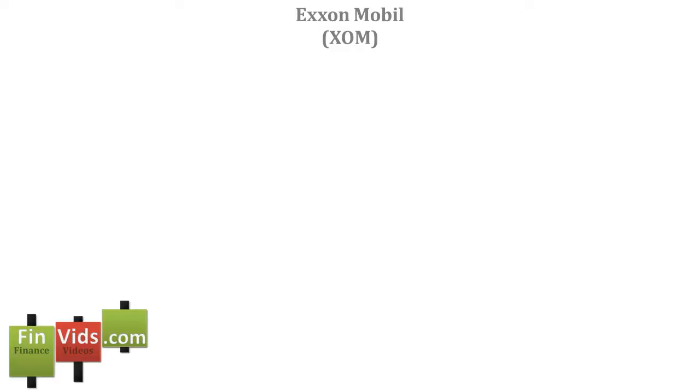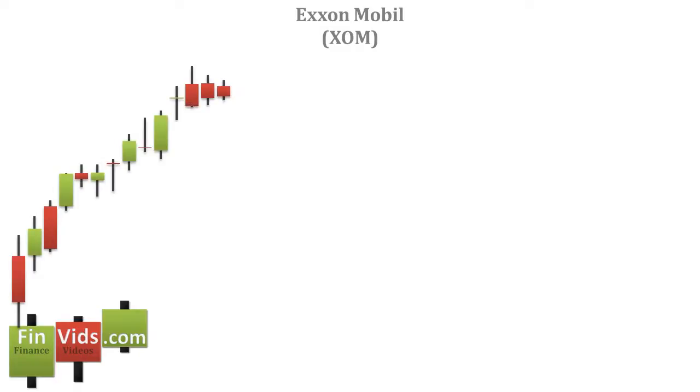This chart of ExxonMobil shows that the bearish engulfing pattern can create an area of future resistance. So we have the bearish engulfing pattern where the second day's bearish candlestick rejects the higher highs.